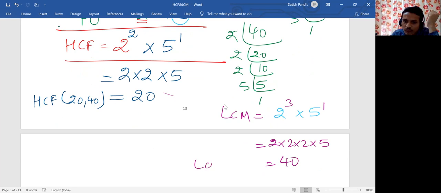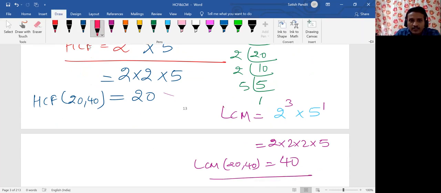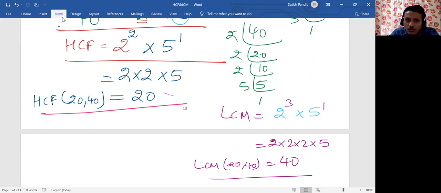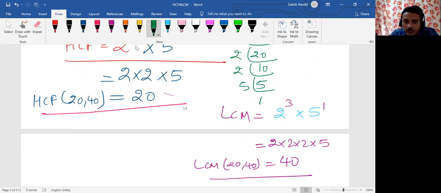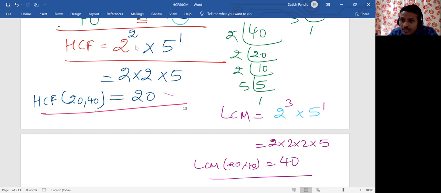So LCM of 20 and 40 is nothing but 40, and HCF of 20 and 40 is nothing but 20. Now see, whatever I told last time, what is HCF?